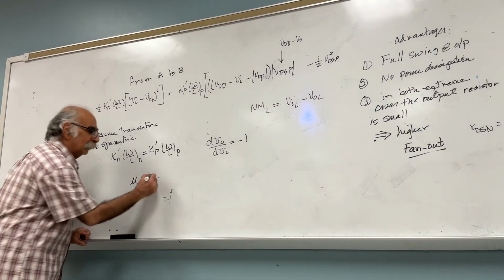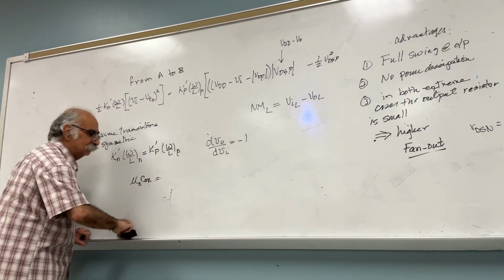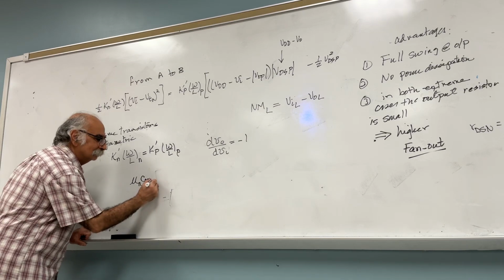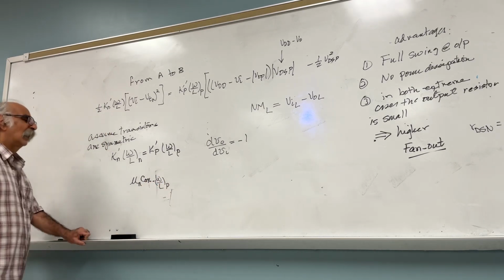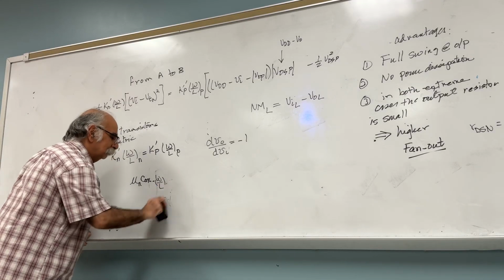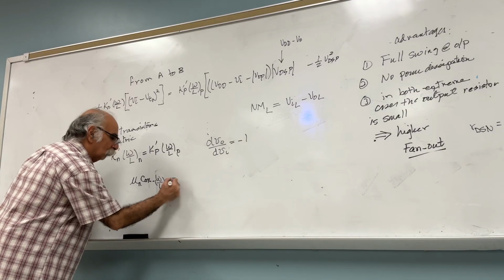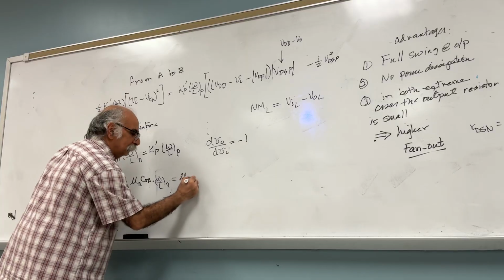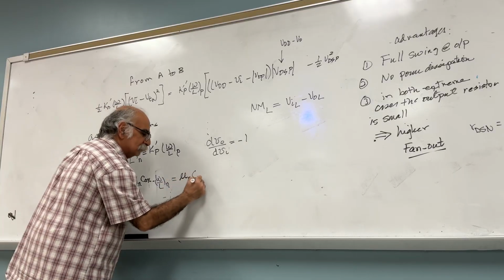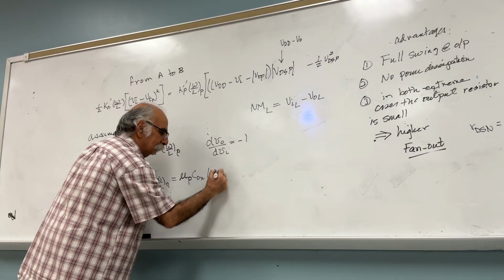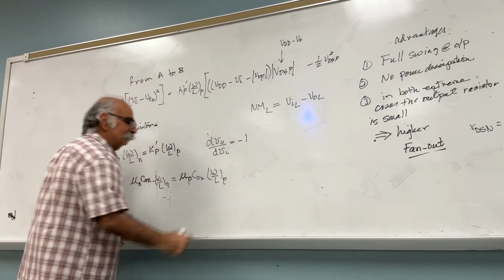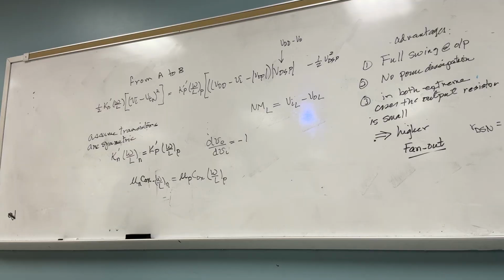Clear? Equal to what? Mu N COX times W over L N. And Kp prime is mu P COX times W over L P. Clear? Okay.